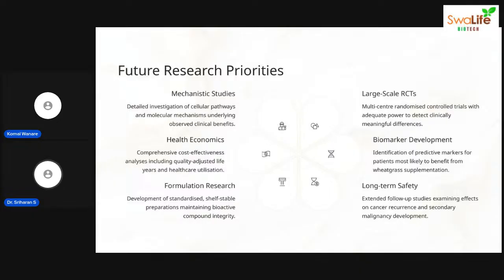If you overcome the quality standardization issue, formulation research is very important, because it will give a steady state in the safety profile and PK level. And health economics, which should include cost effectiveness.